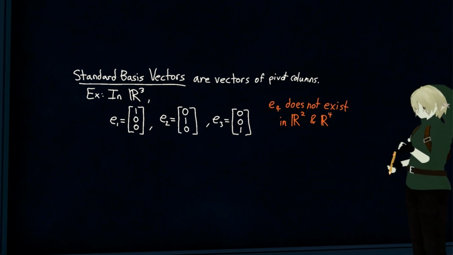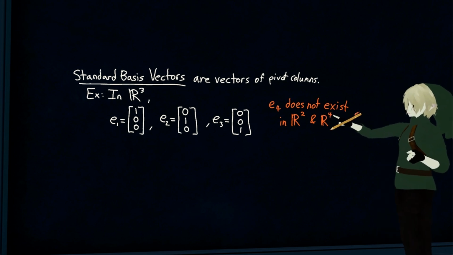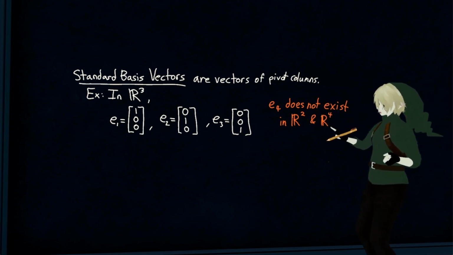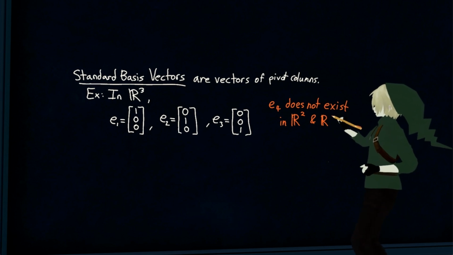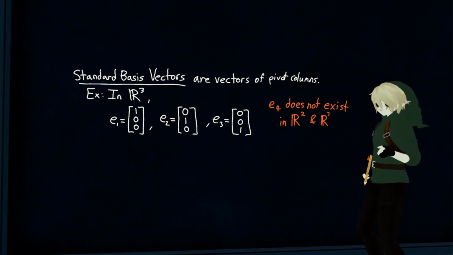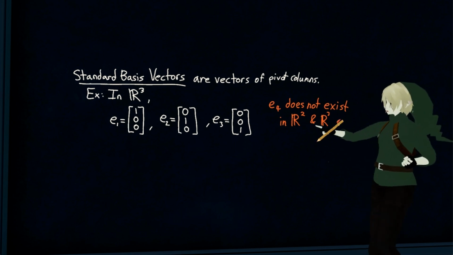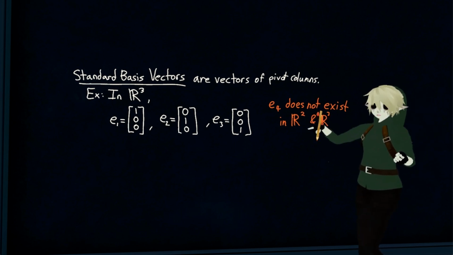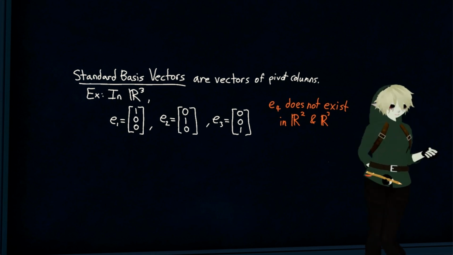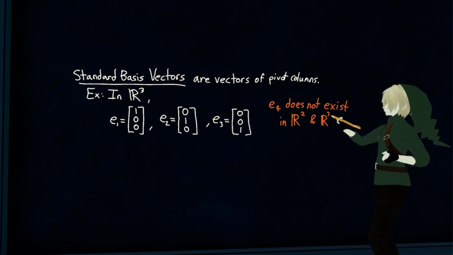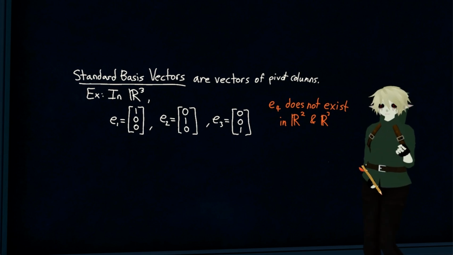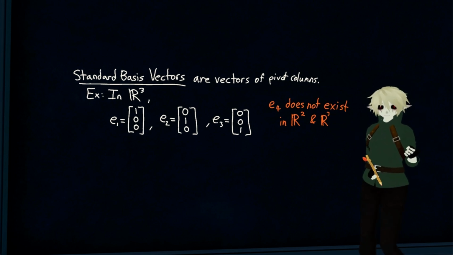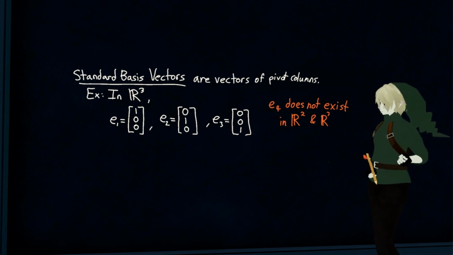Okay? So I'm going to be very clear. E4 does not exist in R2 and, I'm sorry, what, R4? What the hell? R3. There you go. So it does not exist in R2 and R3, right? Because for E4 you need a fourth component. But there is no fourth component in R2 and R3. So E4 does not exist in R2 and R3.